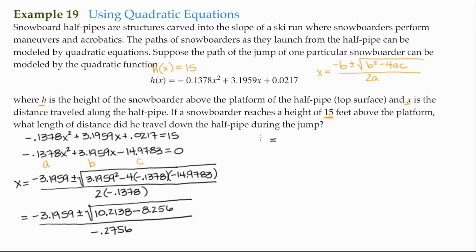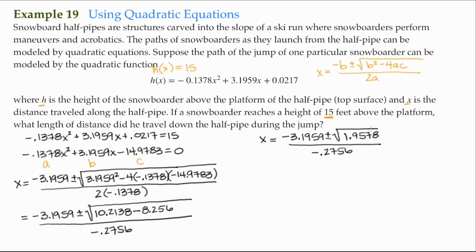We then have negative 3.1959 plus or minus the square root. 10.2138 minus 8.256 is 1.9578. And that is all over negative 0.2756.